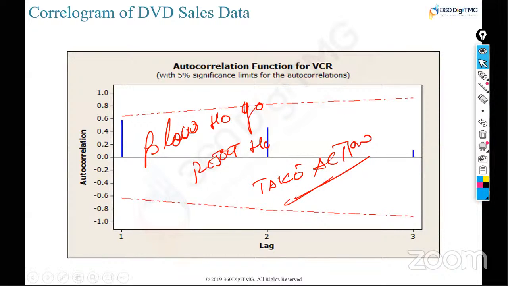So what is the action? Can I use lag 1 for forecasting? Yes, I can. In the current scenario, can I use lag 1 for forecasting? No, I can't. Is it clear?